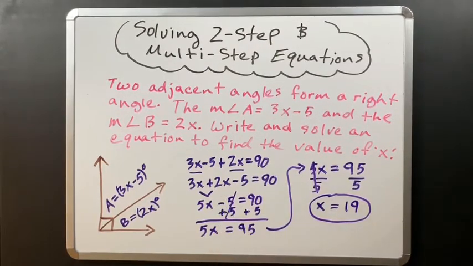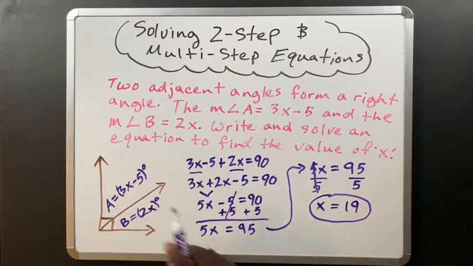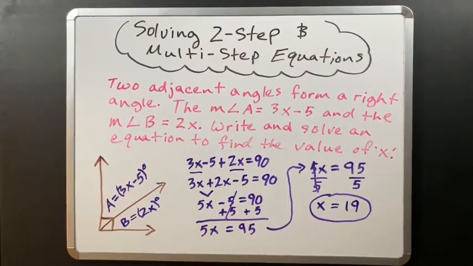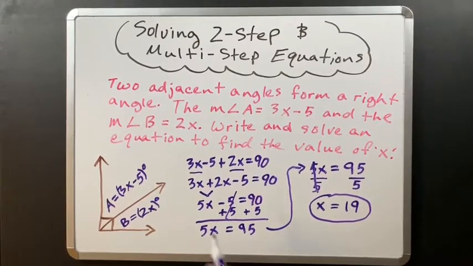So we were solving a multi-step equation, in this case, more than 2 steps. And we started out where we had to read the problem and draw a picture. And then we went from the picture to writing an equation based on what we understand about the picture, right? We had 2 adjacent angles that formed a 90-degree angle.